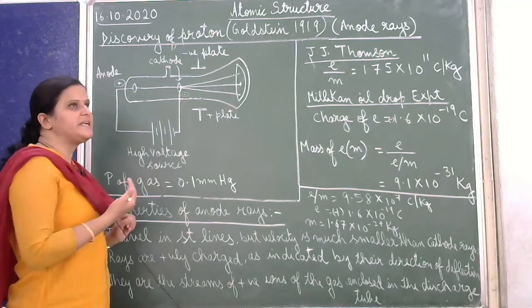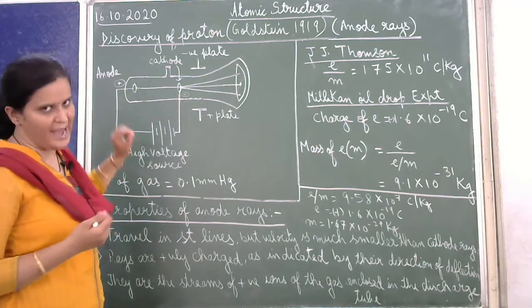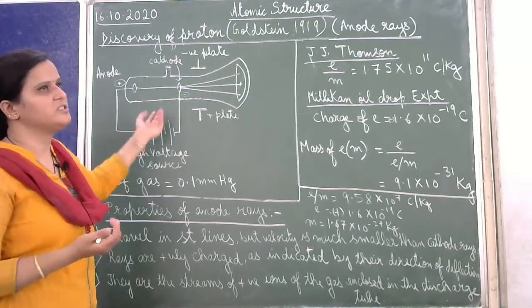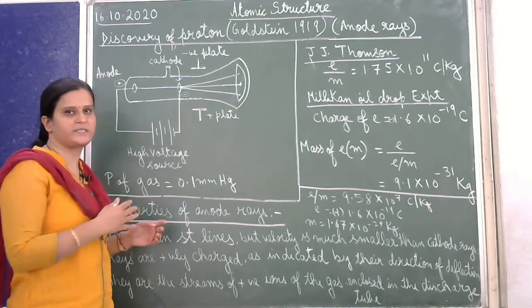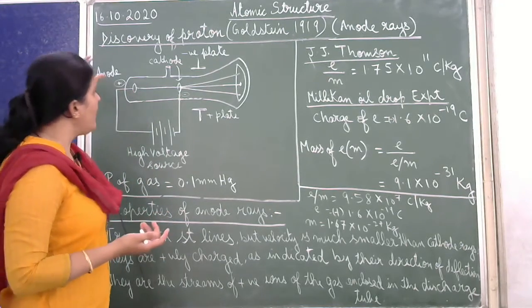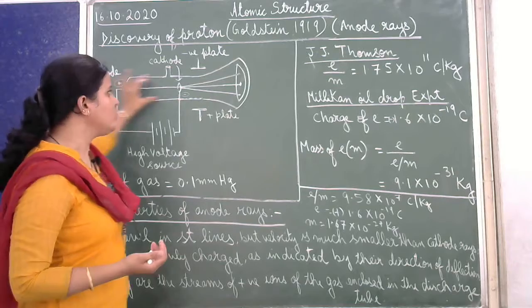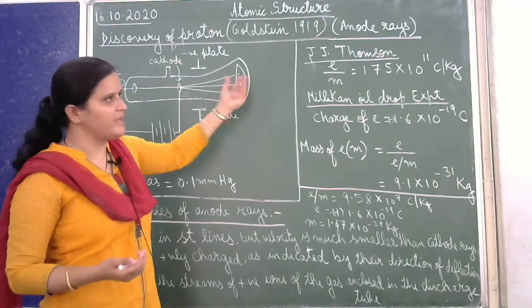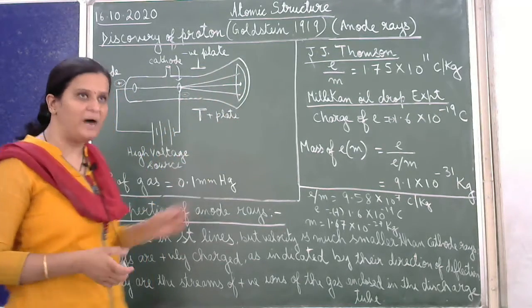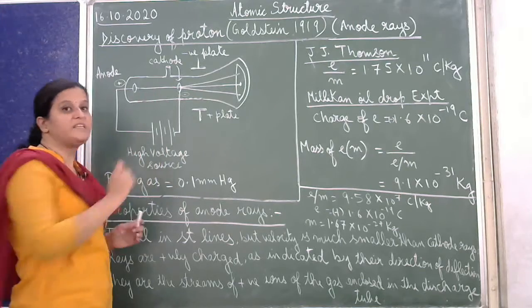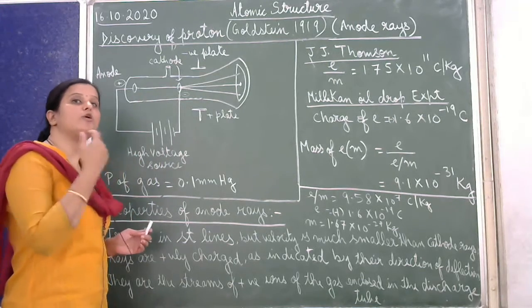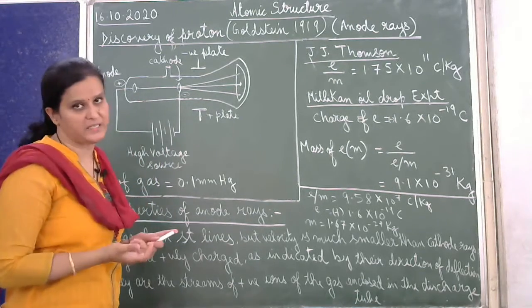What else did he do? If we change the gas, suppose instead of hydrogen we now take helium gas, we saw that again anode rays are produced and cause the fluorescent screen to illuminate, but the particles of these anode rays are not the same for helium gas.